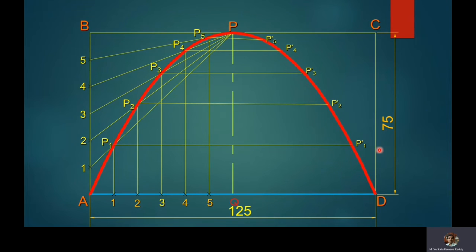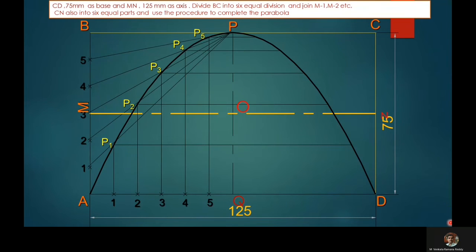Now we'll move towards construction of another parabola with base 75 and axis 125 mm. For the second parabola, CD is the base, MN is the axis. CD measurement is 75 mm, MN measurement is 125 mm.